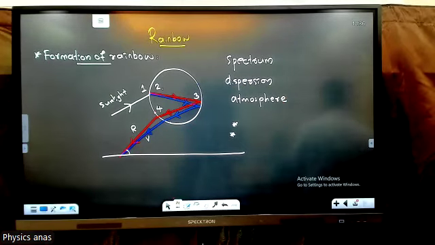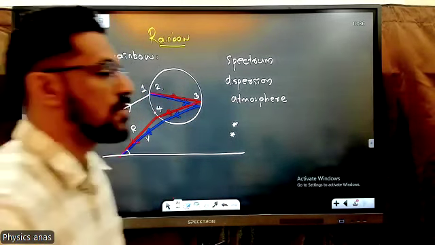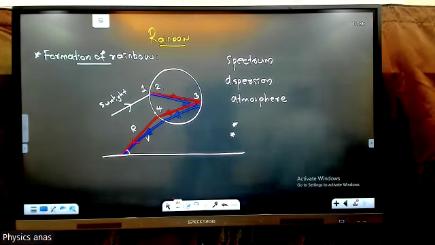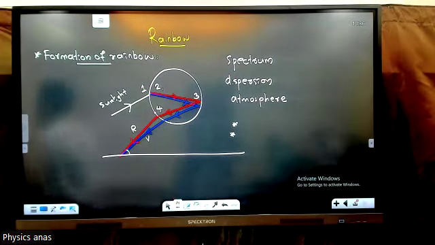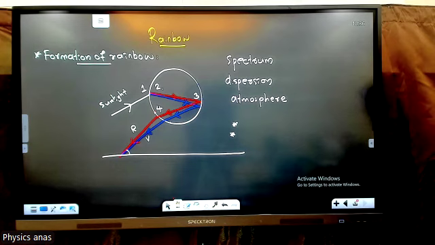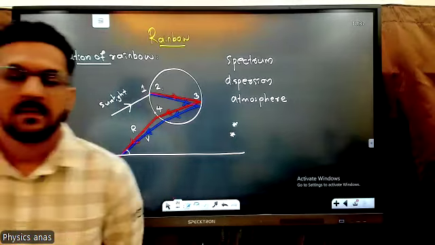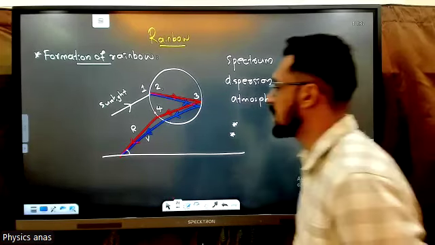The last point. When it comes out of the raindrop, as a result of these processes, we can observe the rainbow.